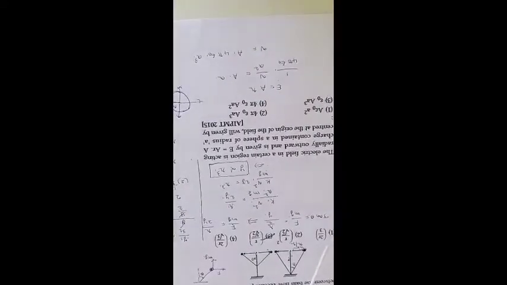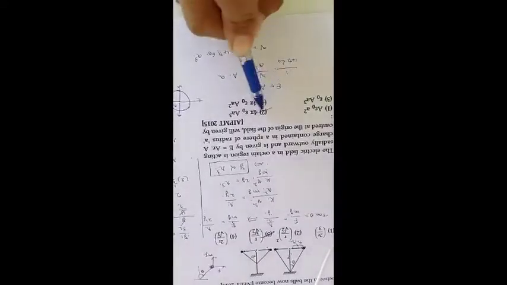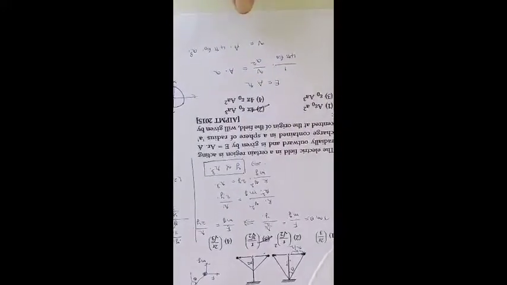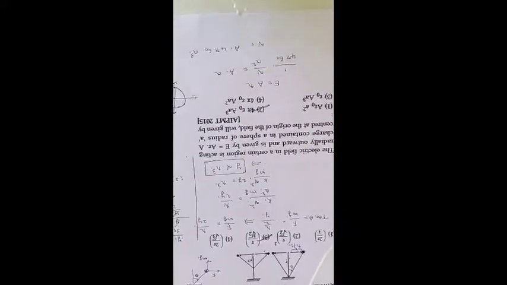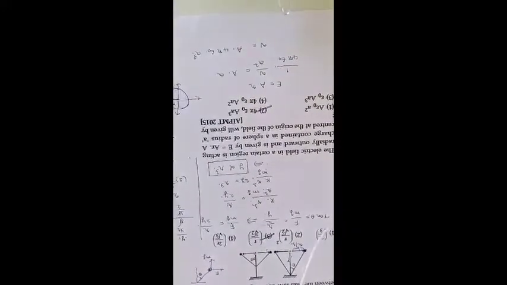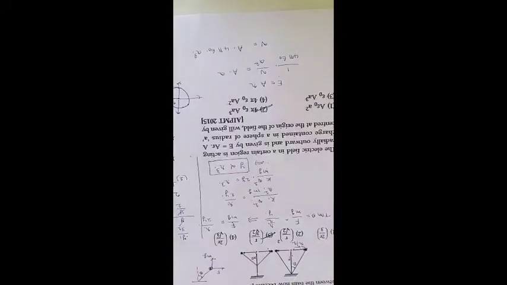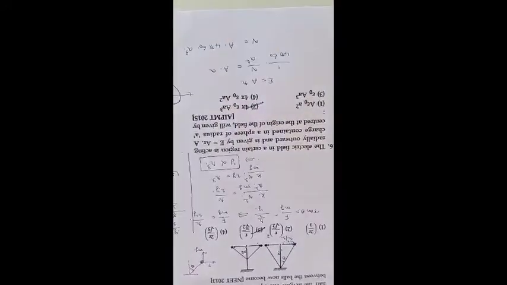What is the charge coming from this? For the charge on the surface, it will be 4 pi epsilon naught into A a cube. That is the charge. Next, question number 17. What they are asking, see.